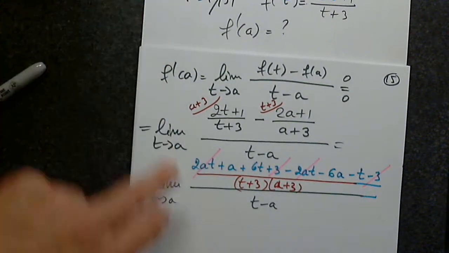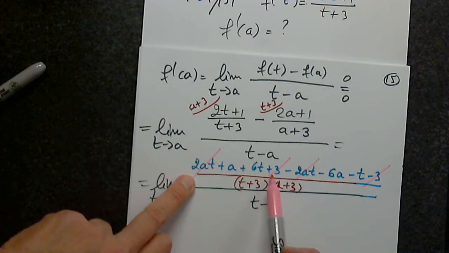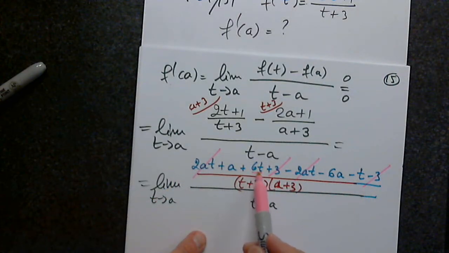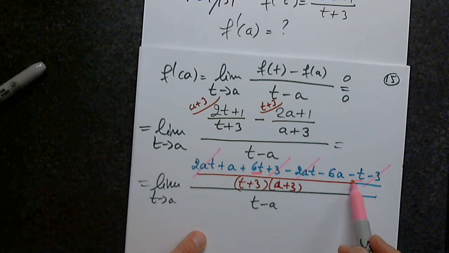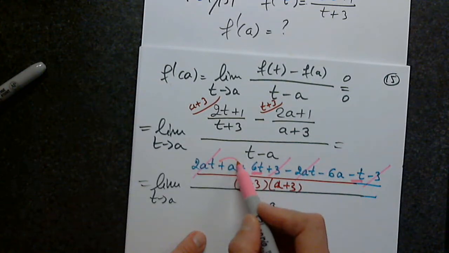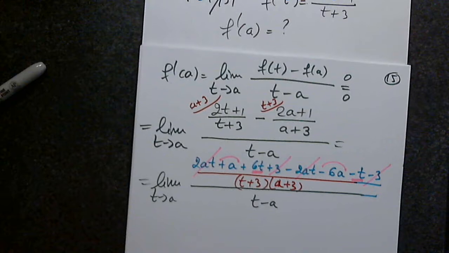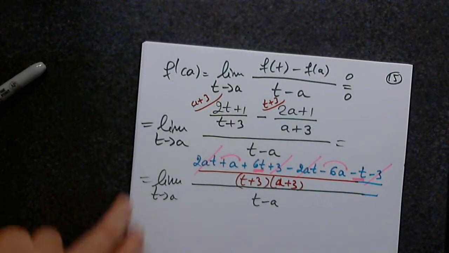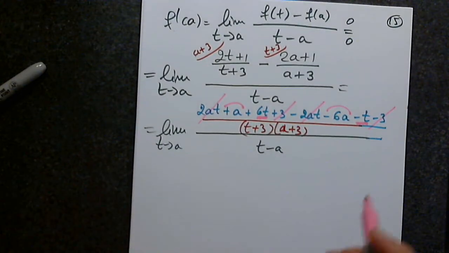Right? The 2at and a negative 2at, and a positive 3 and a negative 3. Correct. And now we combine the 6t with negative t, and we combine the positive a with negative 6a.